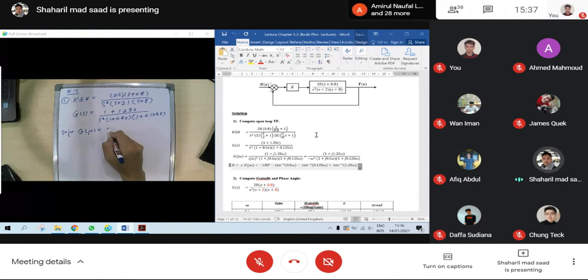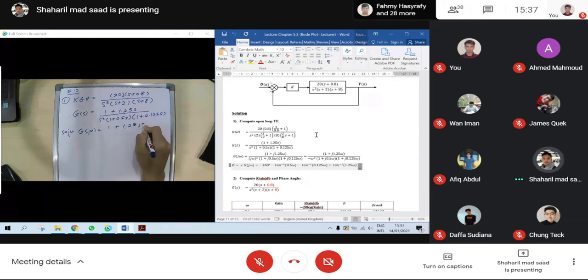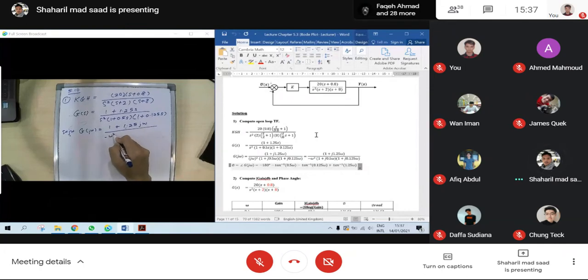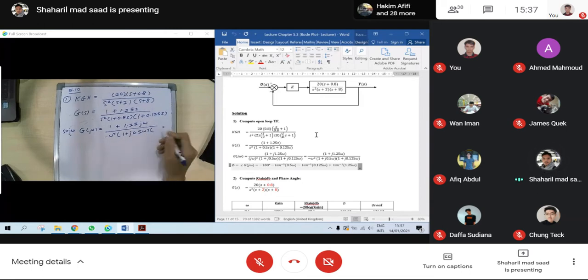Then you can get 1 plus j1.25ω divided by minus ω squared, plus 1 plus j0.5ω, 1 plus j0.125ω.